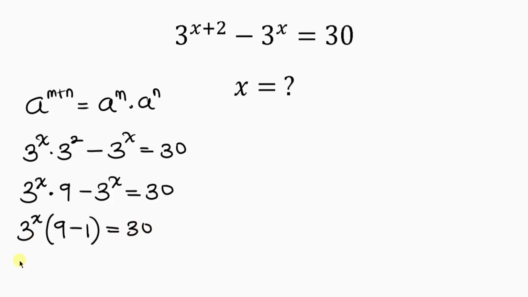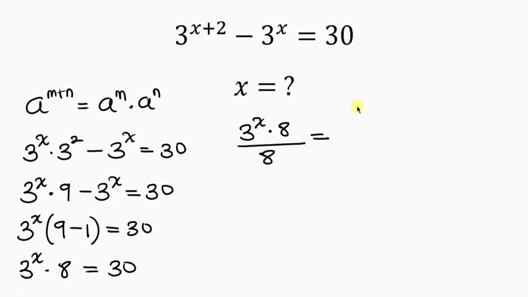Now simplifying further, we have 3^x times 9 minus 1 is 8. And this is equal to 30. Now our next step will be for us to divide both sides by 8. So we have 3^x times 8 on the left divided by 8.